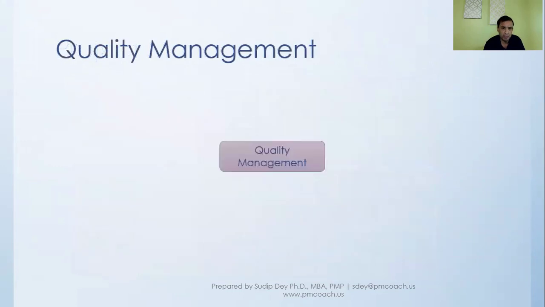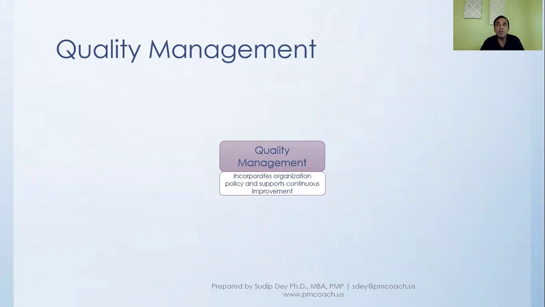Now, quality management is really about incorporating the policies and procedures in the organization so that it delivers quality products. The second objective of quality management is that it supports continuous improvement.